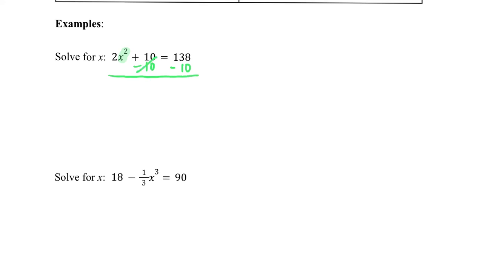2x squared equals 128. Again, I'm trying to get x squared by itself. So what am I going to do? I'm going to divide both sides by 2.